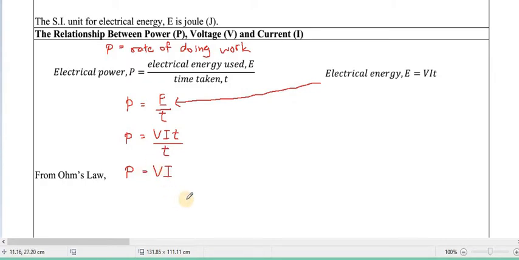That means you can calculate the electrical power of an appliance by taking the voltage across the appliance multiplied by the current that passes through it.